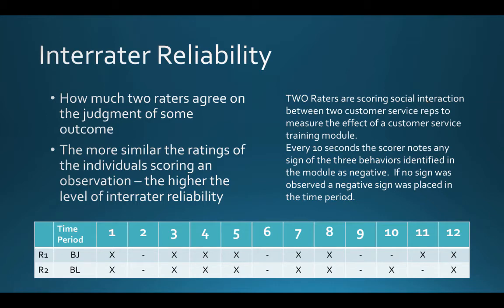So I'm trying to notice from a customer service rep standpoint, we've now given a customer service training session, and two individuals are watching one other individual interact with their clients. Well, every time they do something that's positive, they get an X. Every time they do something that's negative, they get a dash.